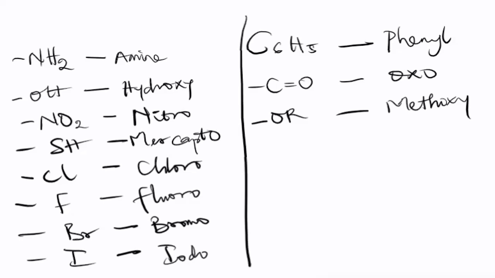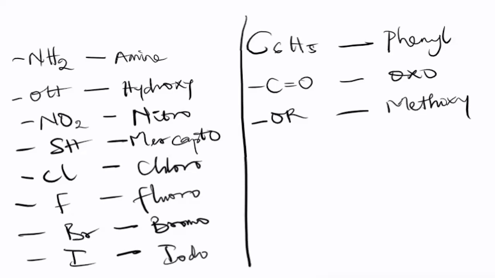You have NH2 as amine, OH as hydroxy, NO2 as nitro, SH as mercapto, Cl as chloro, fluoro, bromo, iodo, phenyl, oxo, methoxy. So these are the substituents you need to memorize.